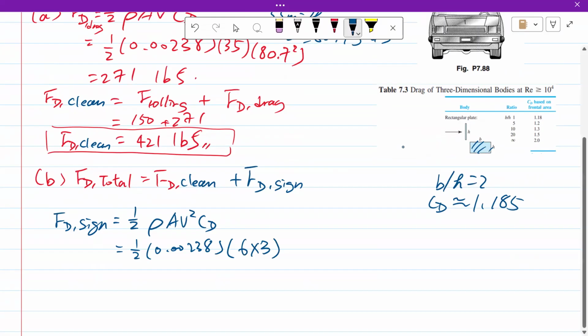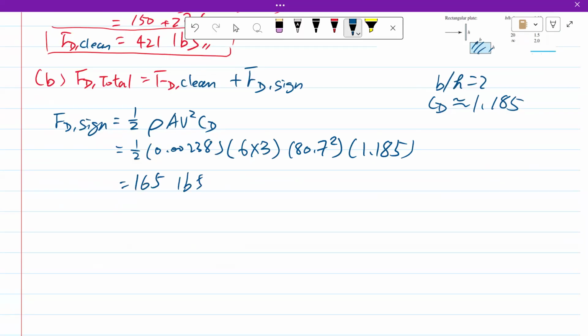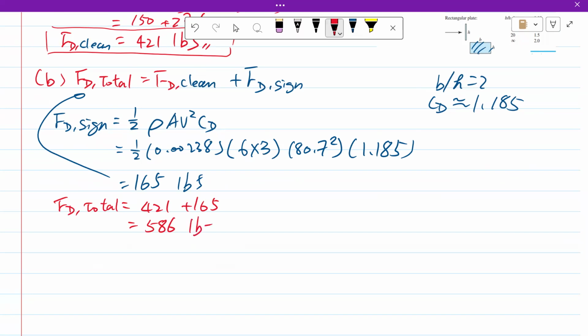V stays the same, 80.7 squared, CD 1.185. Giving us 165 pound force. Combine it with our total. FD total is equal to 421 plus 165. And voila, we have a total drag of 586 pound force.